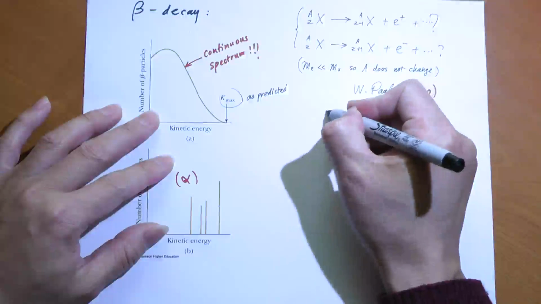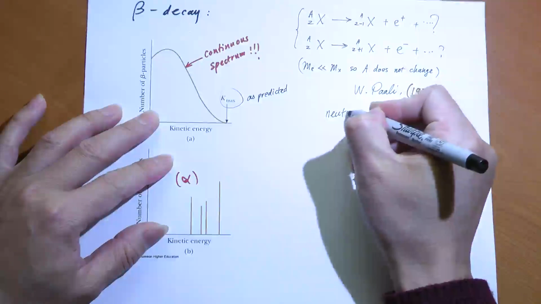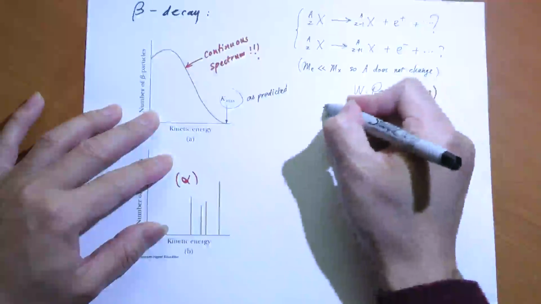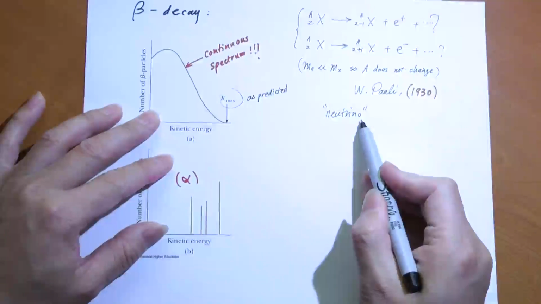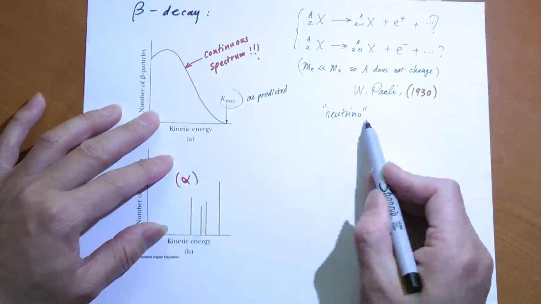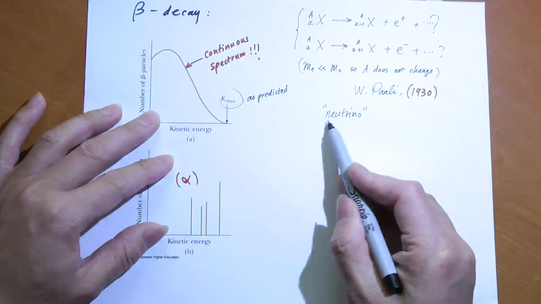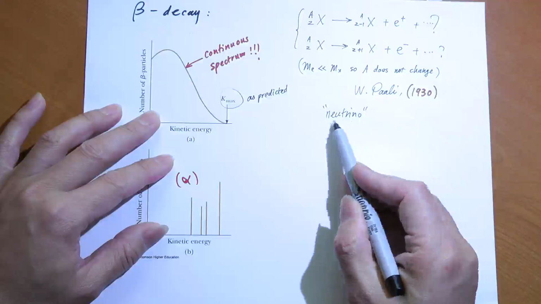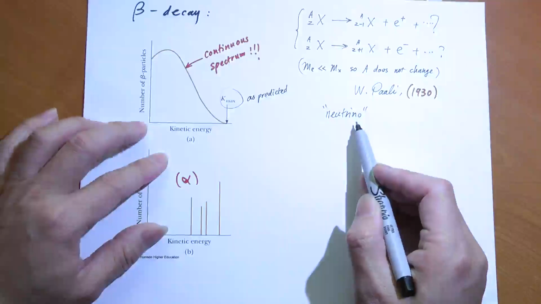We call it the neutrino. Why the term neutrino? It means little neutral one.